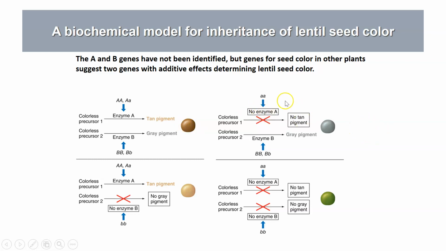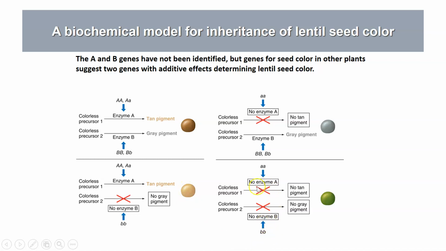If enzyme A is missing because it's homozygous for the null A allele, only the gray pigment is produced, gray phenotype. If enzyme B is missing, homozygous recessive for B, only the tan pigment is produced, tan phenotype.